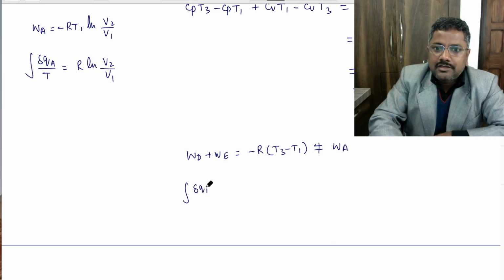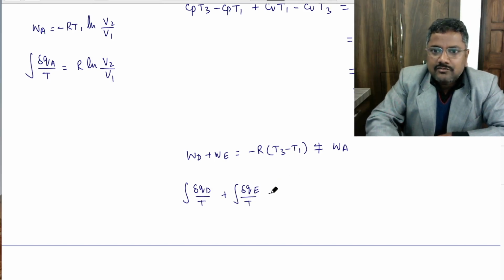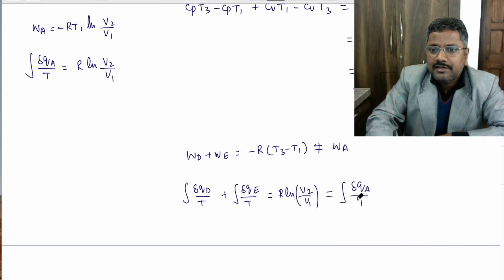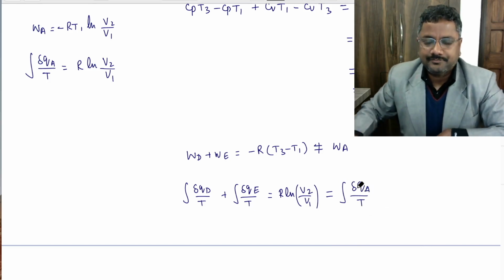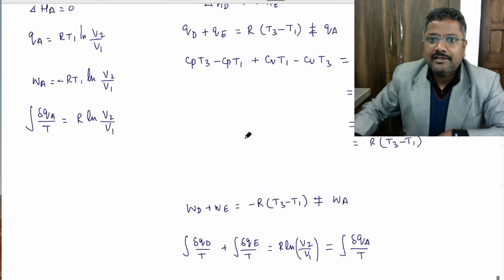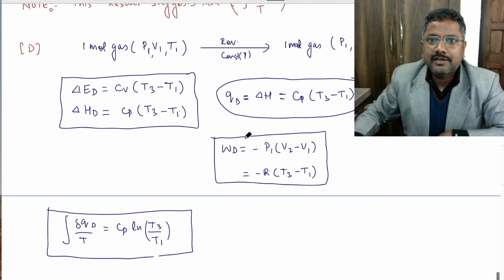Now delta QD by T, right? Plus delta QE by T. This is equal to R ln V2 by V1, and this is equal to delta QA by T, right? Now see QD by T, what we have calculated?